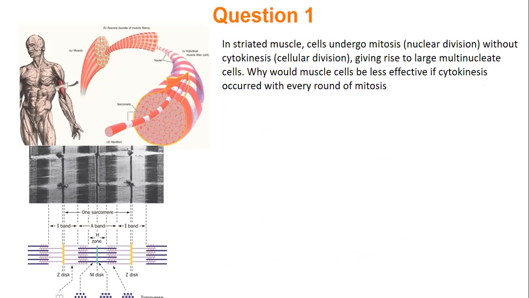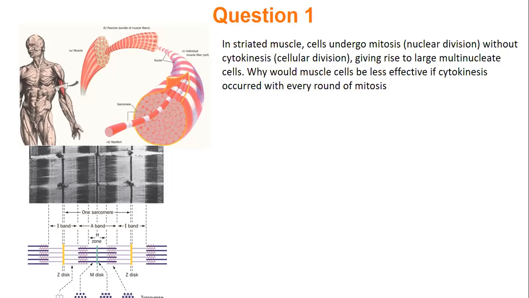So here's our first question as a thought experiment. In our muscles that are striated like this, when cells undergo mitosis, they don't do cytokinesis. So they don't split, which gives you these huge cells that are multinucleated. That is, you have these very long cells with a ton of nuclei in them. Why do muscles do this?